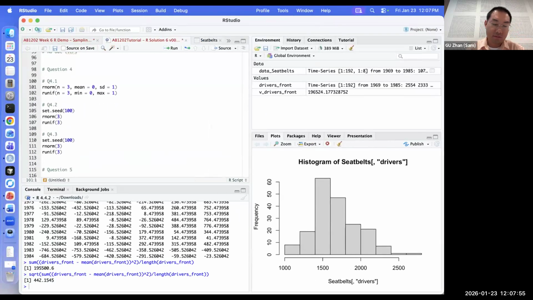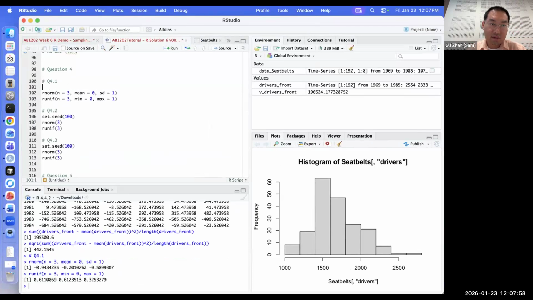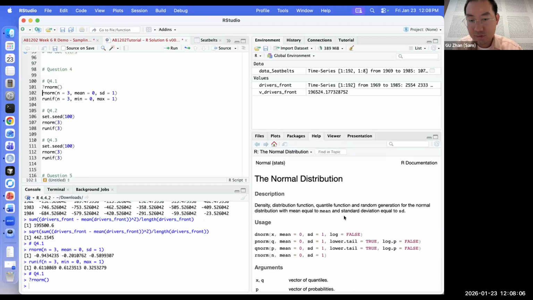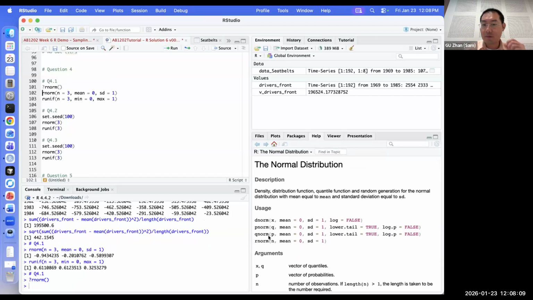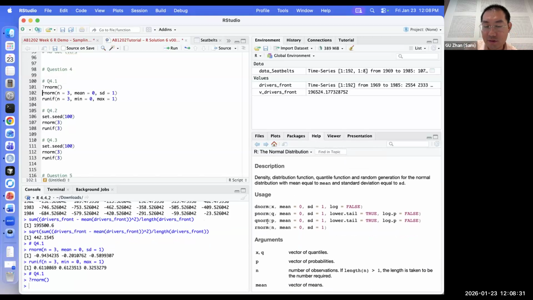4.1 rnorm with n equal to 3. One thing you should learn first is rnorm, the normal distribution. You have dnorm, pnorm, qnorm, rnorm. dnorm is the density function, the PDF. pnorm is the CDF, the cumulative distribution function. rnorm gets a random number from a normal distribution. qnorm gets the quantile value or the Z value based on the probability.